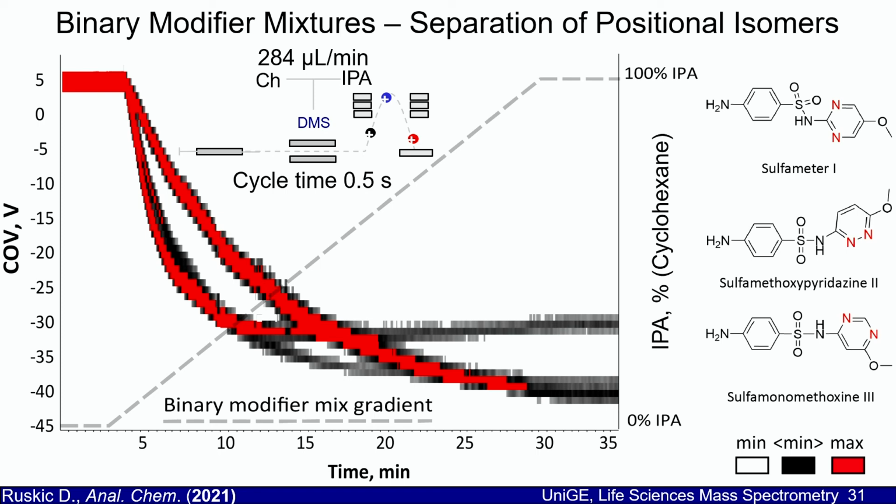So what you can see is we infuse the IPA in gradient mode with the binary pump, starting at 0% of IPA, so that means 100% cyclohexane. We have this small plateau just to ensure that there are stable conditions and nothing affecting the COVs. And as soon as IPA reaches the DMS, there is a dramatic shift here, a really steep line, and then it goes down, and you see this crossing, and then until we reach a saturation point where the COVs are not changing anymore.